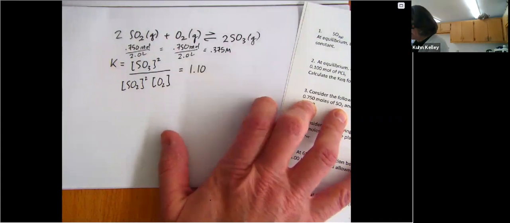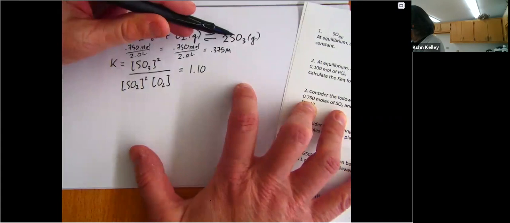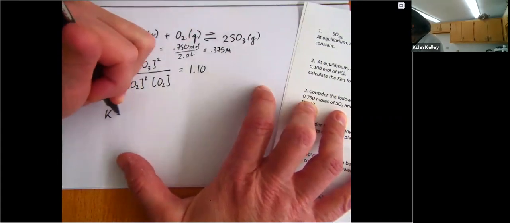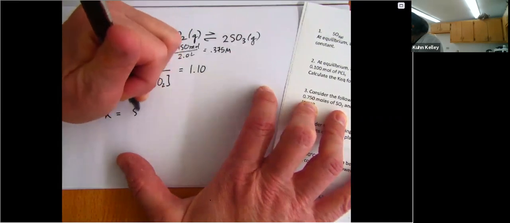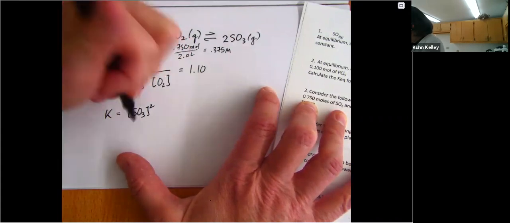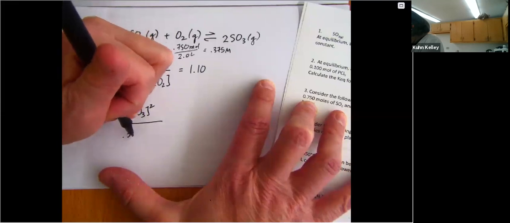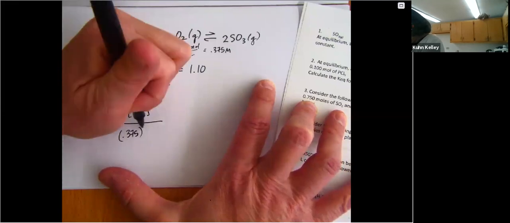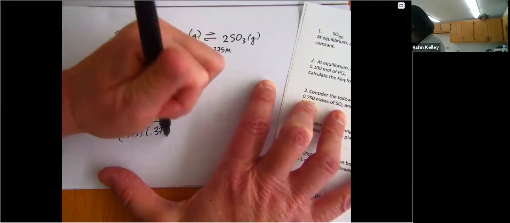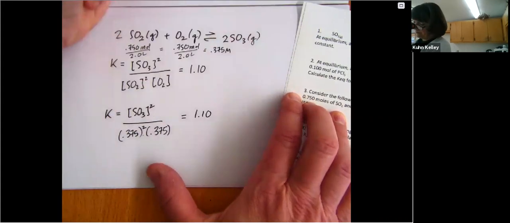Yep. So now I know this one, and I'm just solving for this one. So what I'm going to do is plug this in, and I'm going to put these others on the bottom. So 0.375 squared times 0.375. And of course, I know this is equal to 1.10.